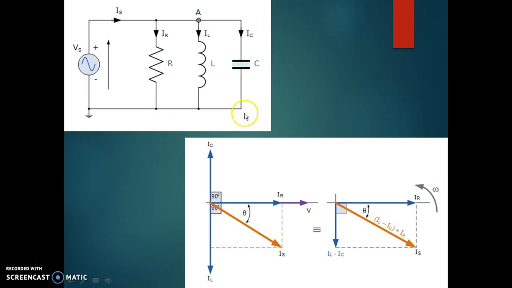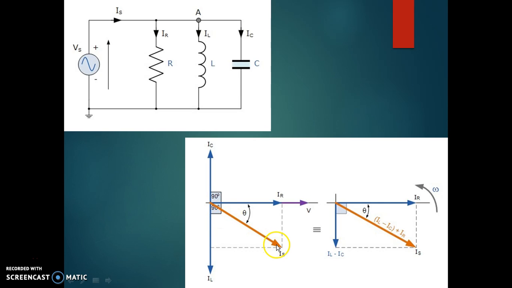Now for this parallel circuit, the phasor diagram is as shown here. Now IC, that is the capacitive current, will lead the voltage by 90 degree and the inductive current IL would lag the voltage by 90 degree.